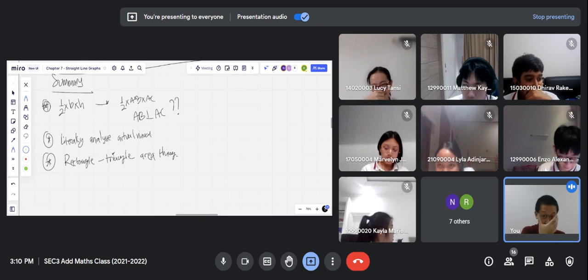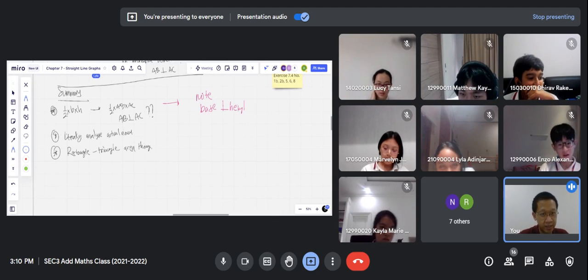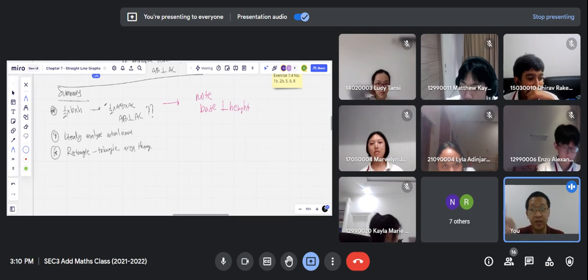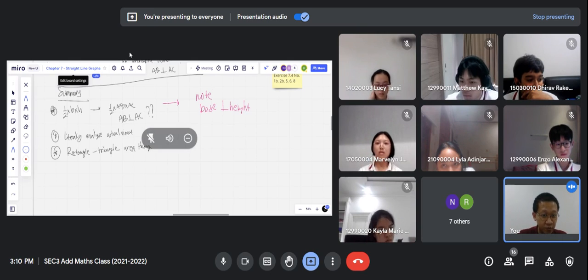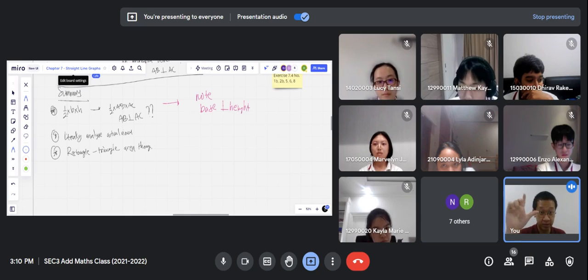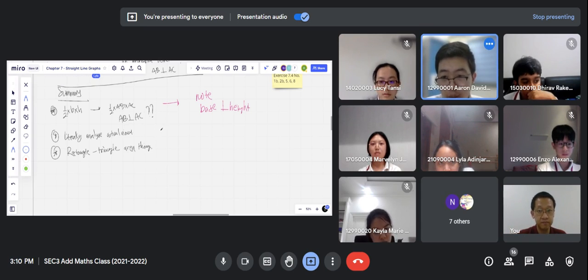The thing with the first method, as you mentioned earlier, is that we have to be very sure that the base and height are perpendicular. And I think Aaron was also trying to ensure that. Is that correct, Aaron? You were trying to find the perpendicular, that's why you're using a protractor. You try to find the specific point perpendicular to the C point.